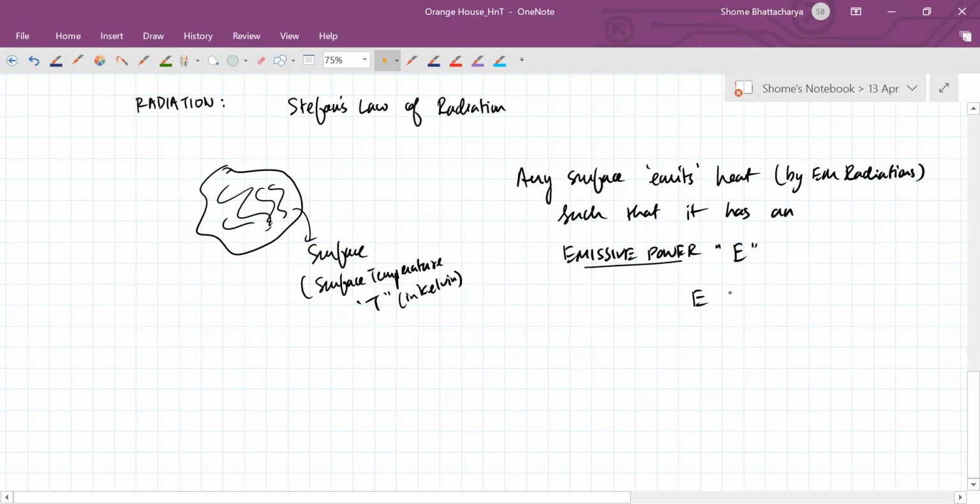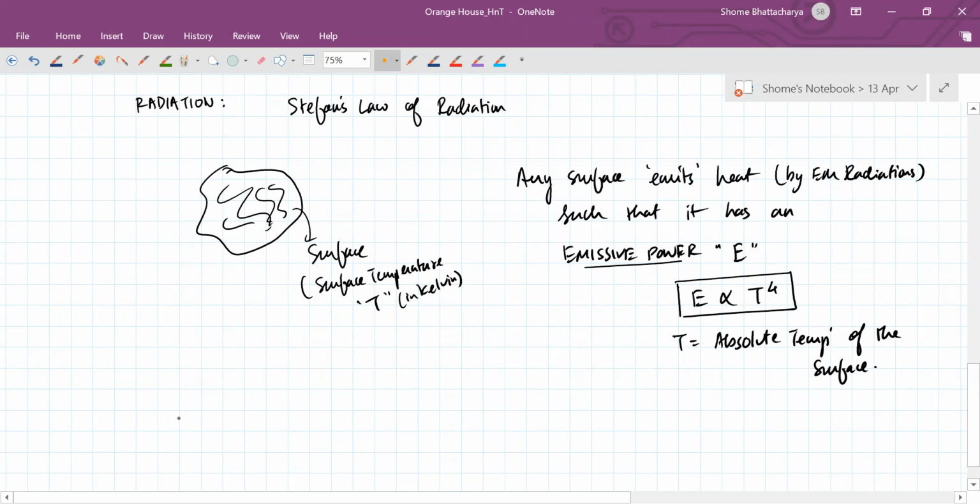I'll explain what emissive power is. It is proportional to the absolute temperature to the power 4, where T is the absolute temperature of the surface.